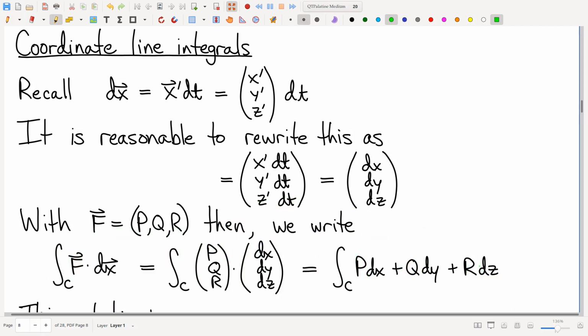Okay, next natural question. Why would we ever do such a thing, right? We have this nice, compact, physically natural notation established. What is dx? It's the displacement along the curve. Very geometrically natural. What is the vector field? It's either force or fluid velocity or something, again, physically natural.